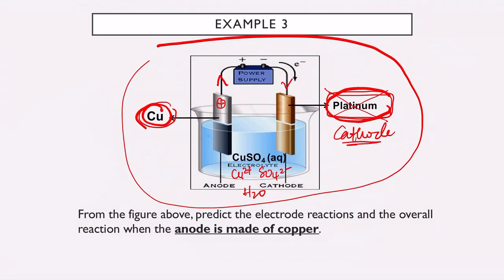So whatever is your cathode here, it will be electroplated with your active electrode, given that you have copper 2 plus, the ion of your metal as your electrolyte. Okay, so how are you going to know the overall cell reaction? So you're going to, so apa ni? So you have these ions kan?